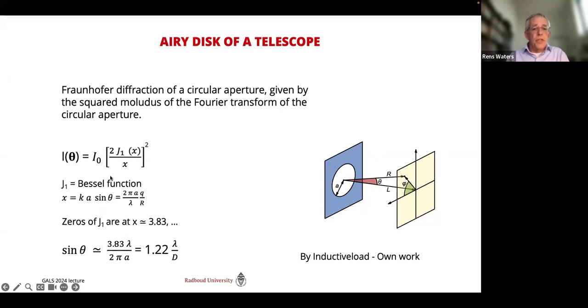So the zeros of this J1 function are at these values of x, at 3.83, etc., and you can approximate sine theta with this formula here, which, if you put in the numbers, translates into 1.22 times lambda over D, where lambda is the wavelength that you observe, and D is the diameter of the aperture.